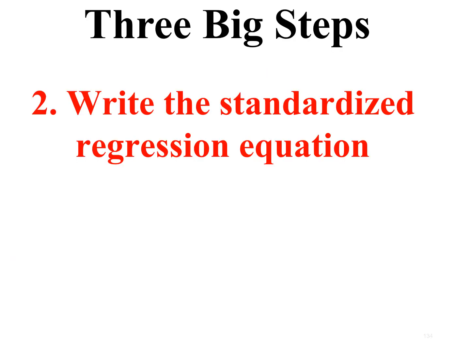So once you have those 5 statistics, then you have to write your standardized regression equation. Now, the standardized regression equation is very simple. Remember that the standardized regression equation is always going to be Zy equals R times Zx. So once you calculate your 5 statistics, one of them is the correlation between x and y.